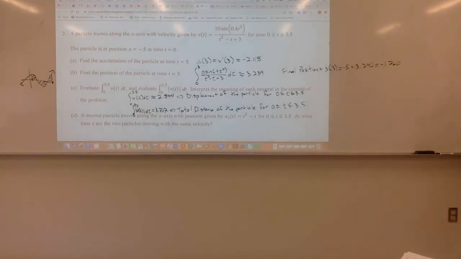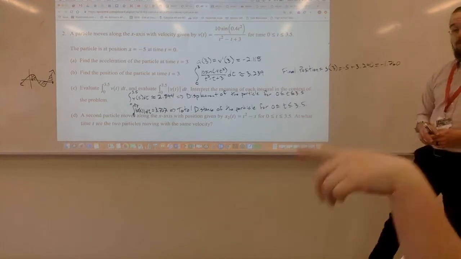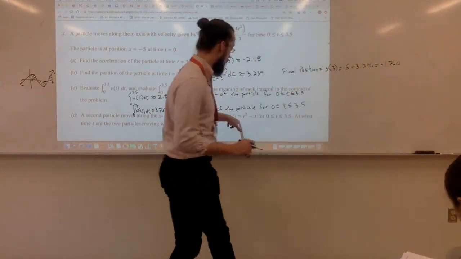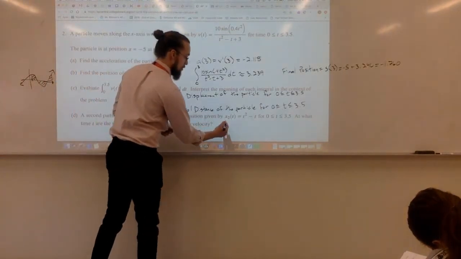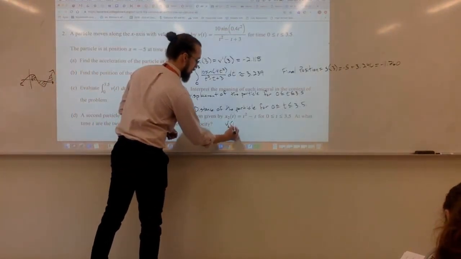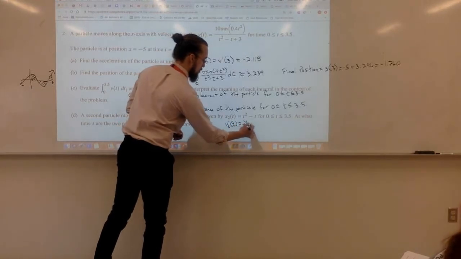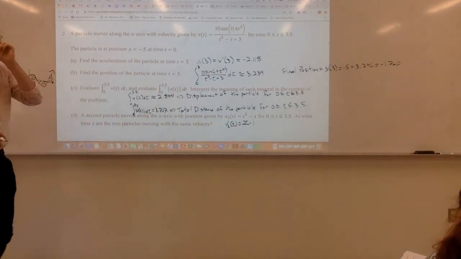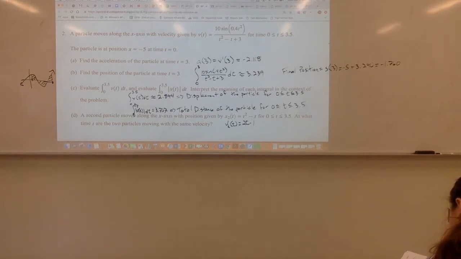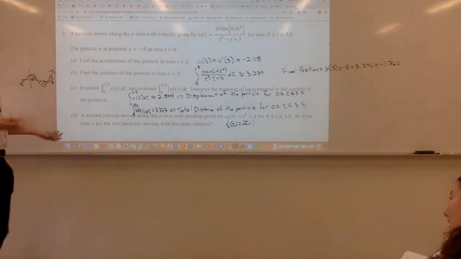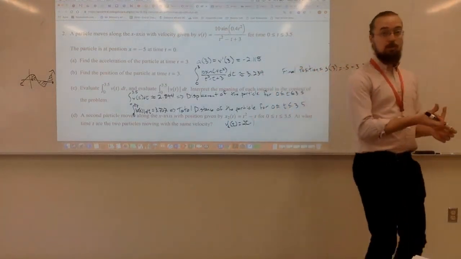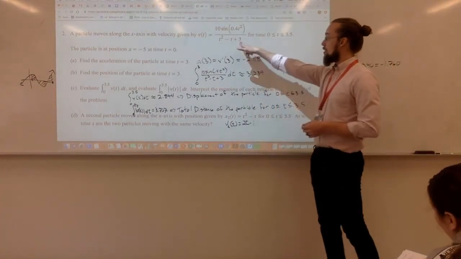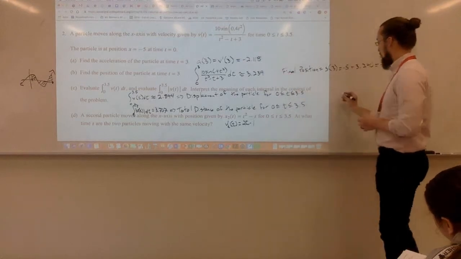So we need to take the derivative of this position to get the velocity: 2t minus 1. Now we need to set them equal to each other. So I'm going to say 2t minus 1 equals this.